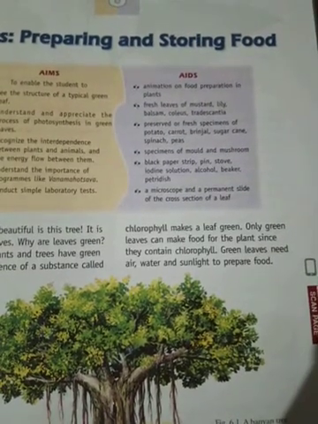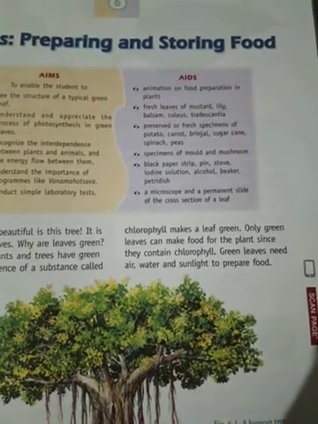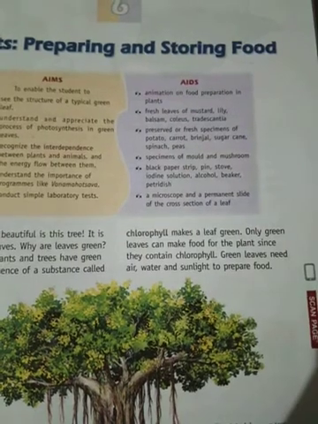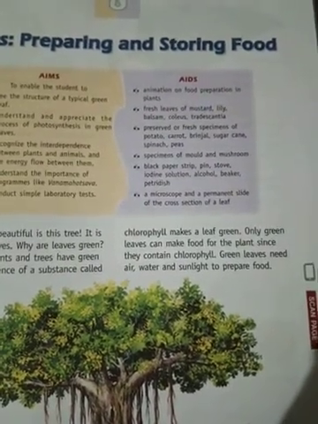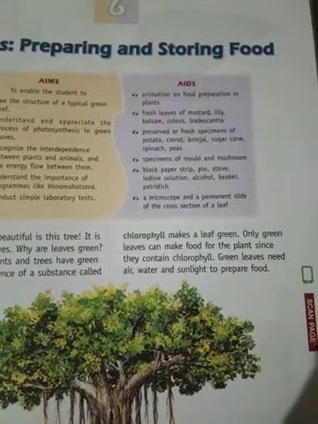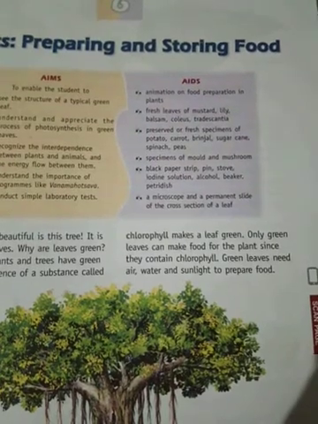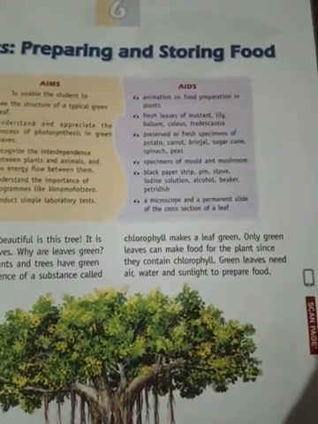There are three more kinds of plastids, but this is the one responsible for the green color of any leaf in a plant. So this pigment is called chlorophyll. Very important. Remember the spelling as well as the word.